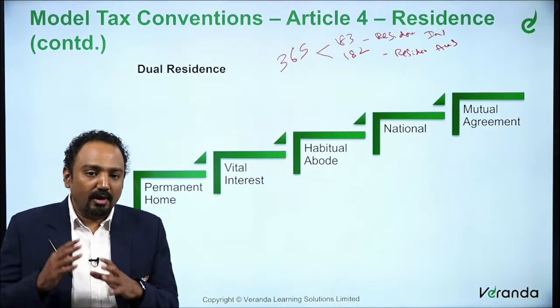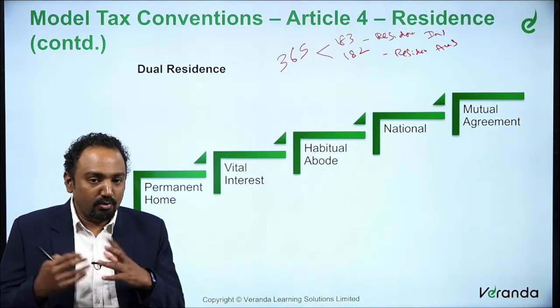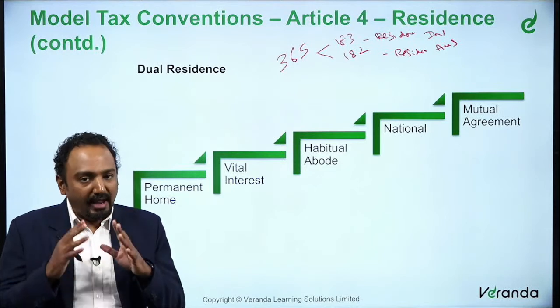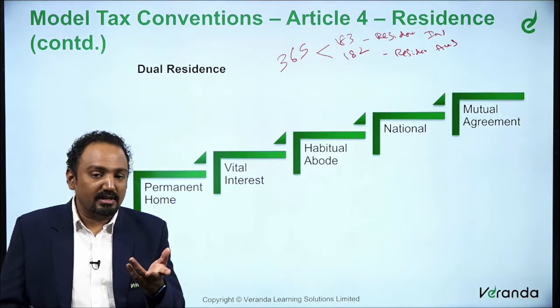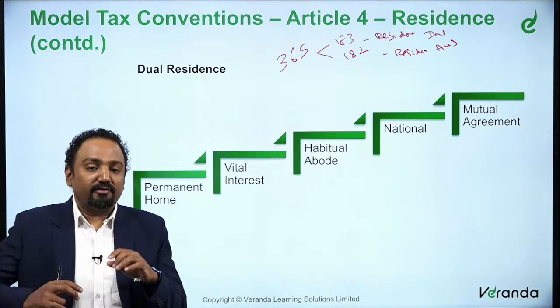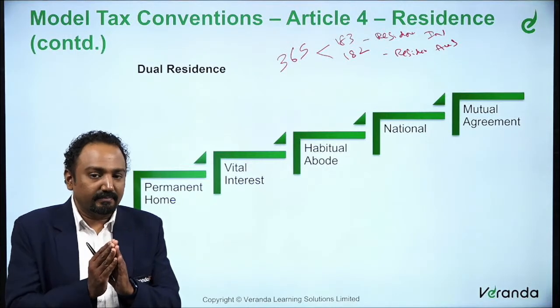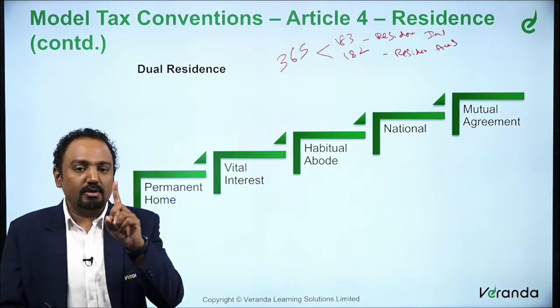Now, once you have been treated as a resident in both countries, you will have to treat yourself as a resident in only one country. You can be a resident in both countries for general tax purposes, but for the purpose of tax treaties, the term residence can only be one.